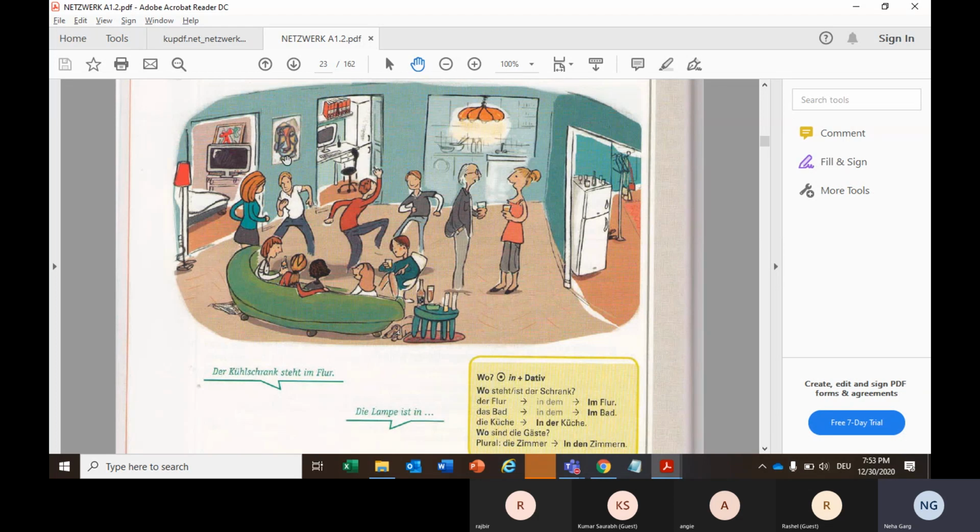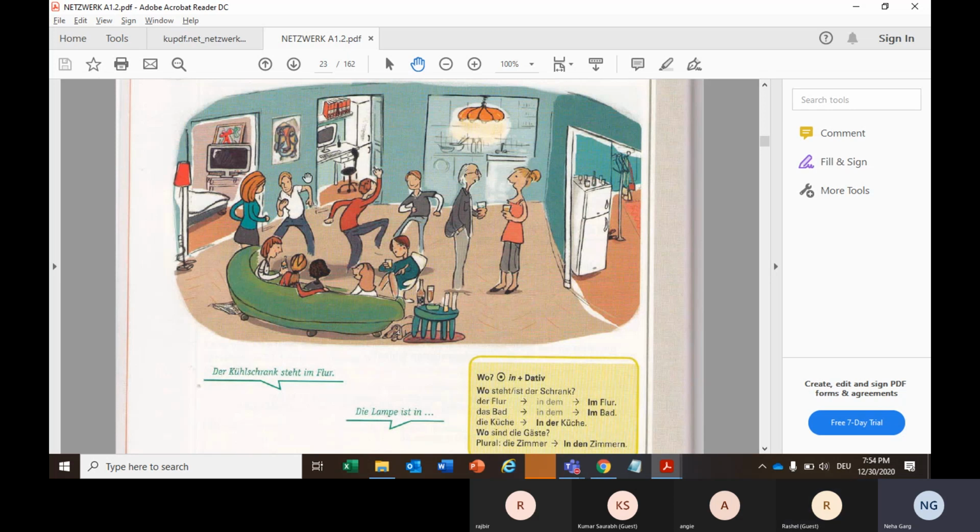Also das Bild oder das Painting ist oder hängt an der Wand. What is the article of Wand, by the way? Wall. Feminine. Sehr schön. So that is why it is an der Wand, because it's dative.